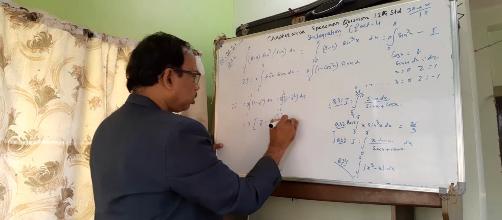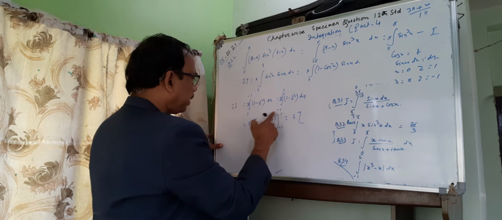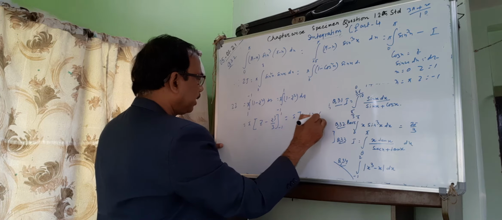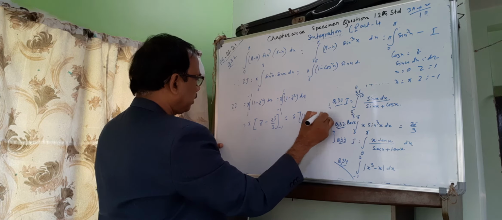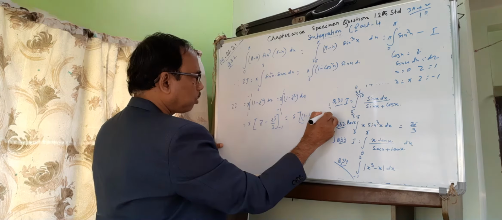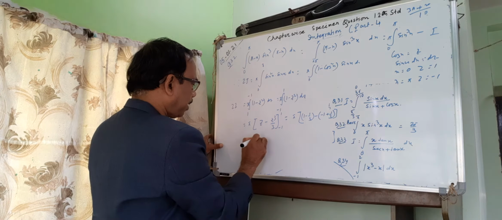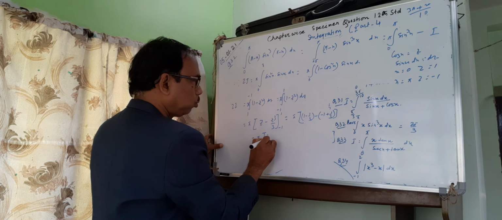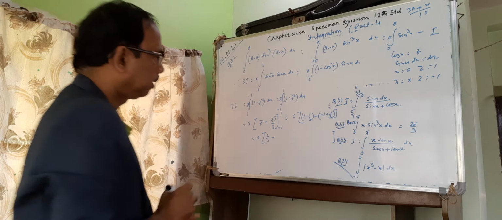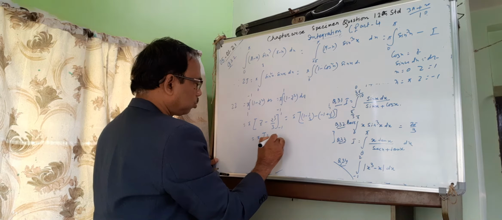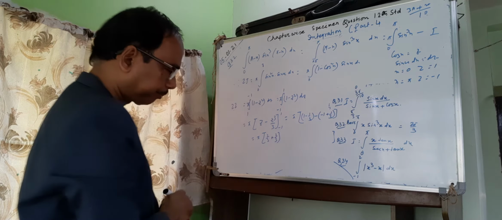That equals pi times upper limit 1 minus 1 by 3 minus, minus 1 plus 1 by 3. That is pi times 2 by 3 minus 3 plus 1, that is plus 2 by 3.